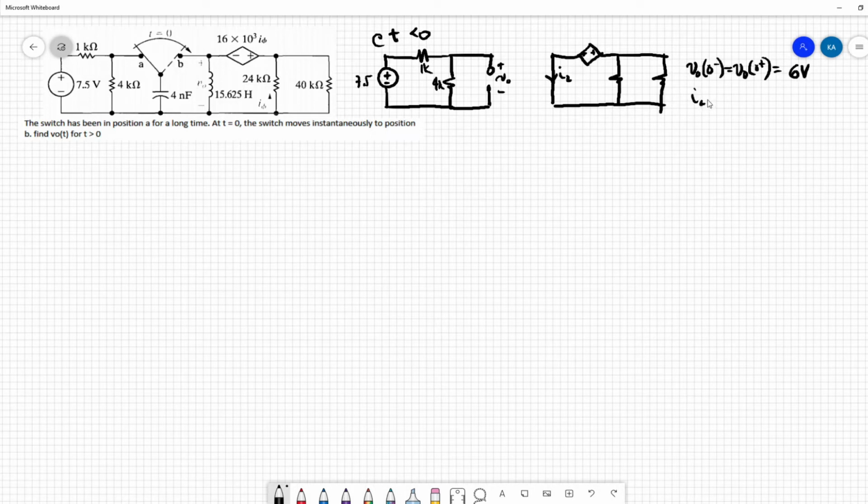Then our iL of 0 minus equals iL of 0 plus. Since the circuit right here has no independent source, our iL of 0 minus is equivalent to 0. Now analyzing the circuit at t greater than 0, we have this circuit.